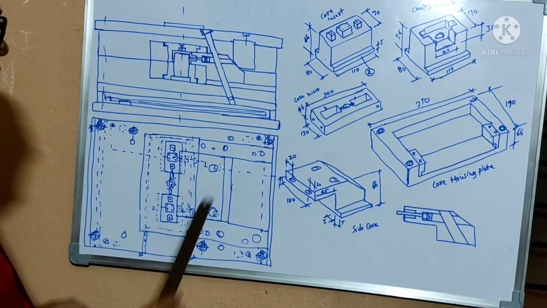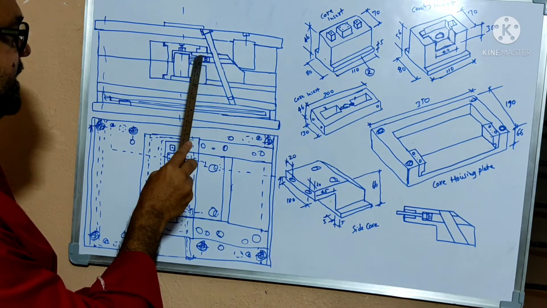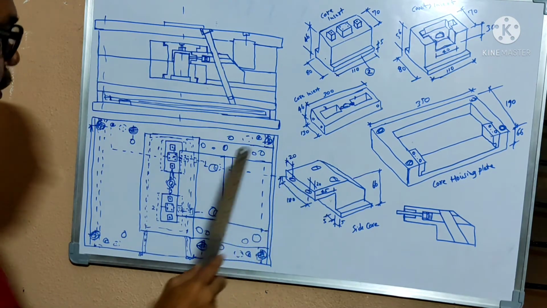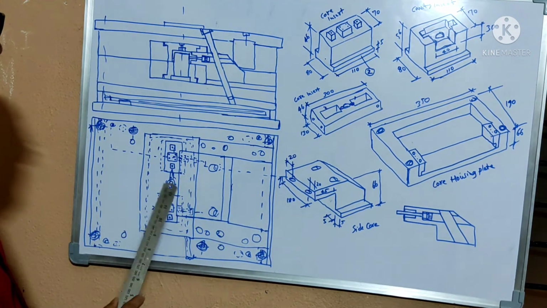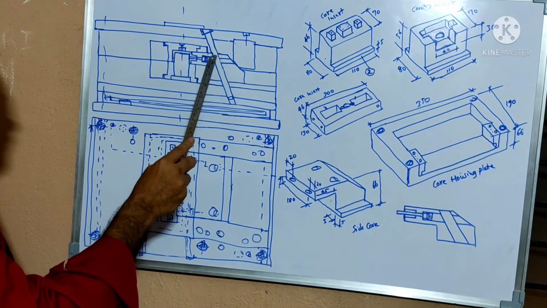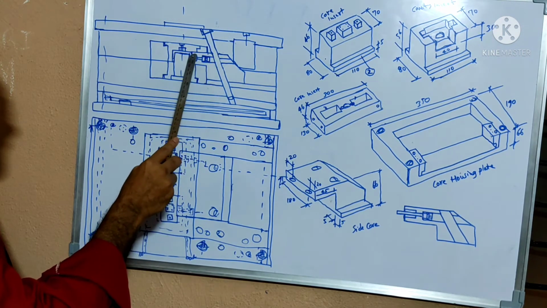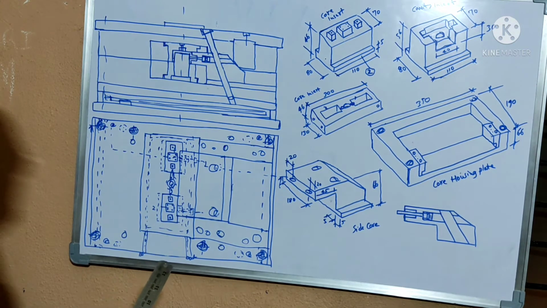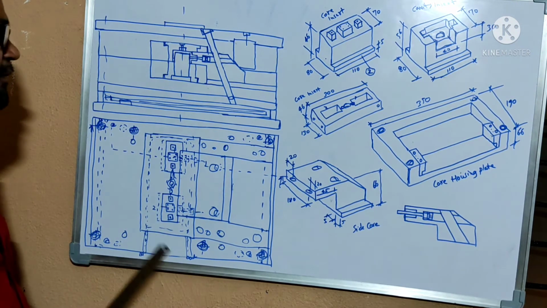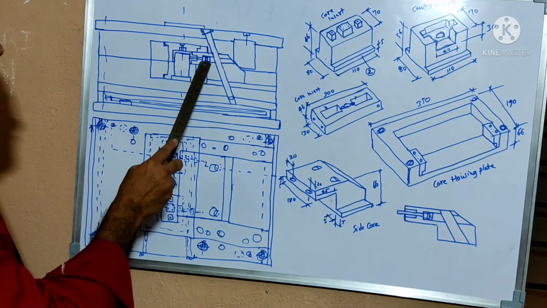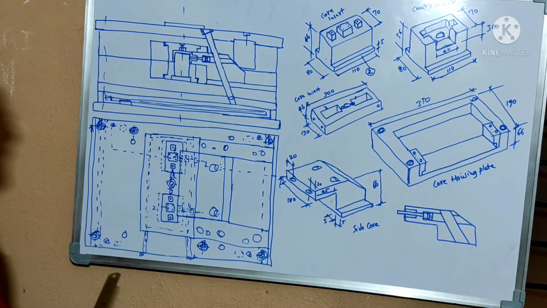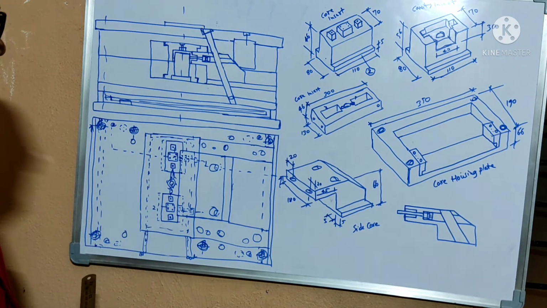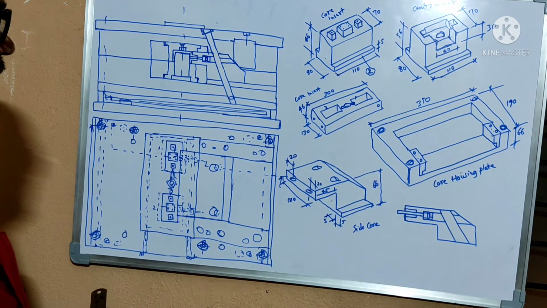The side core has the profile, that is the boss for the component, and in this side core a pin is also placed for the component to get the hole. And one thing you are observing in this side core, the pin is secured perfectly by the use of grub screws.